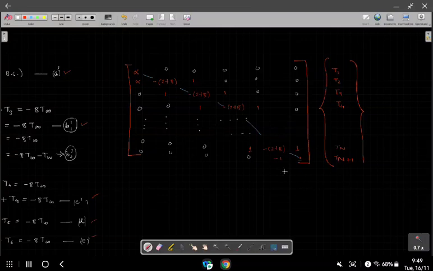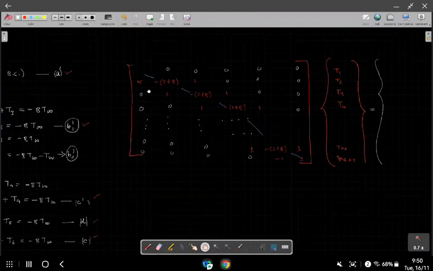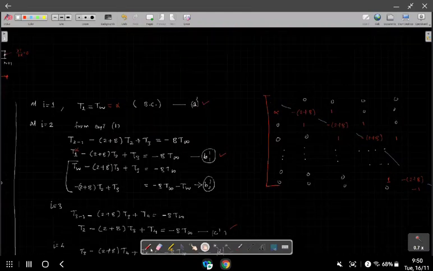And this right hand side will be equal to T1. The coefficient of T1 is 1, so here you will have to write 1 only.